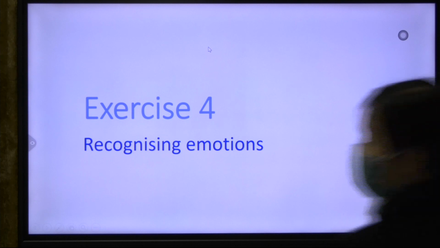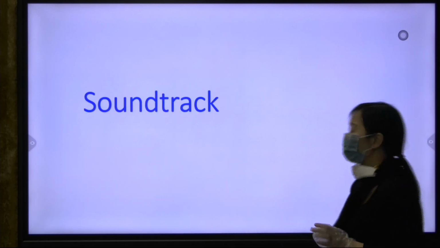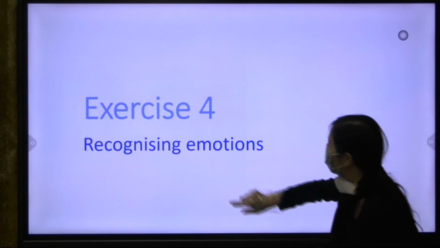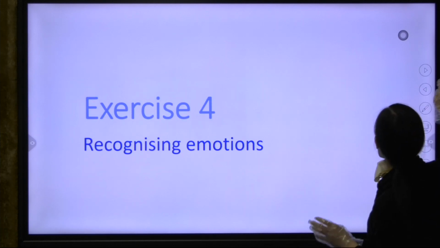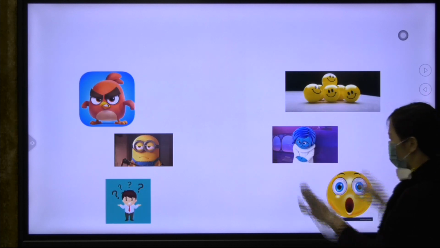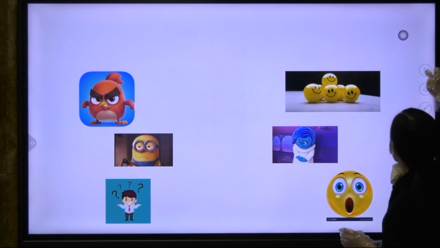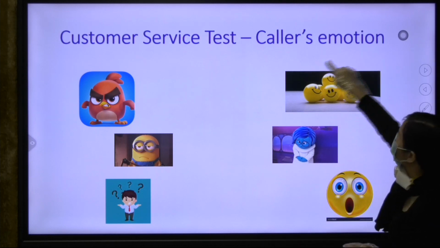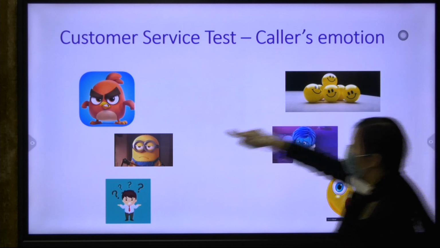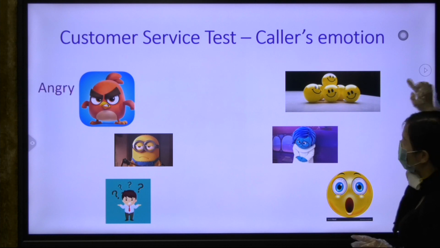So exercise 4 is recognizing emotions. Tell the emotion. Now, a very quick look at the emotions here. You know them already. So, caller's emotion. What's this? Very quick. Angry.